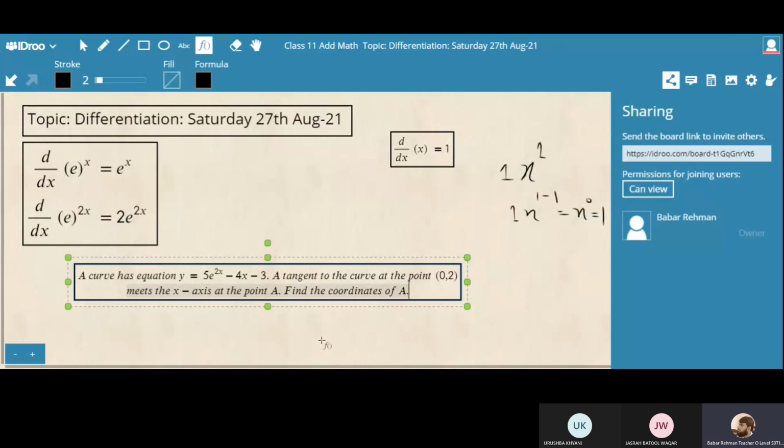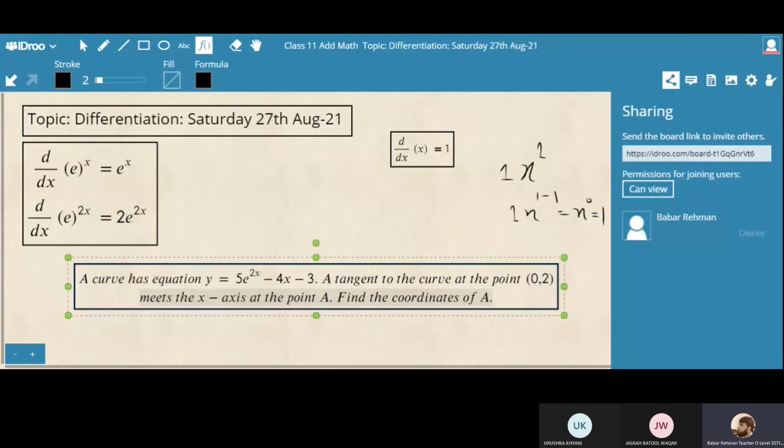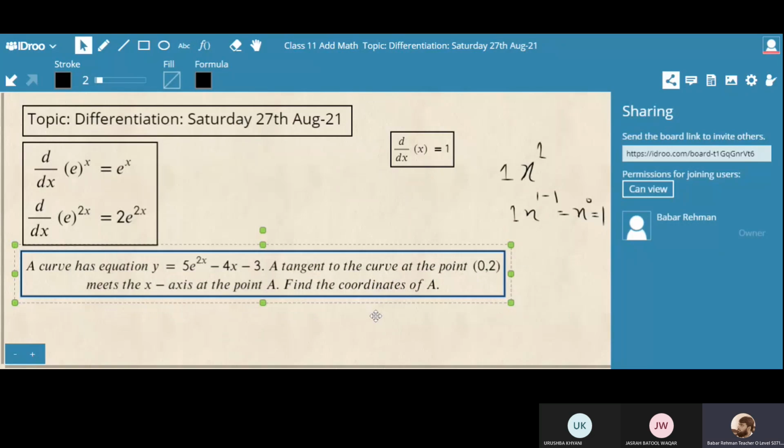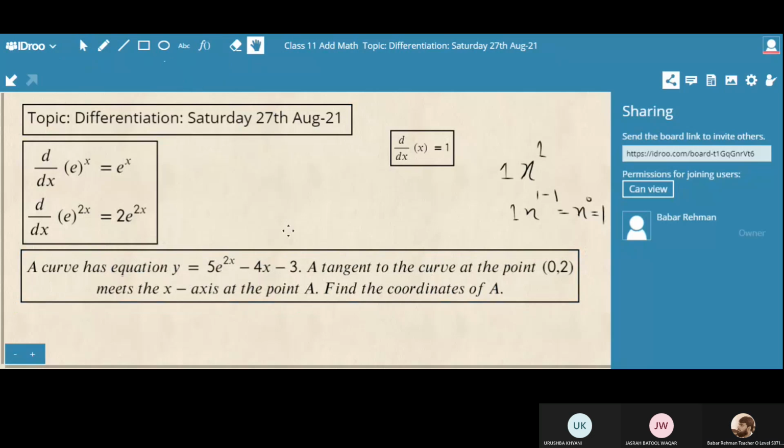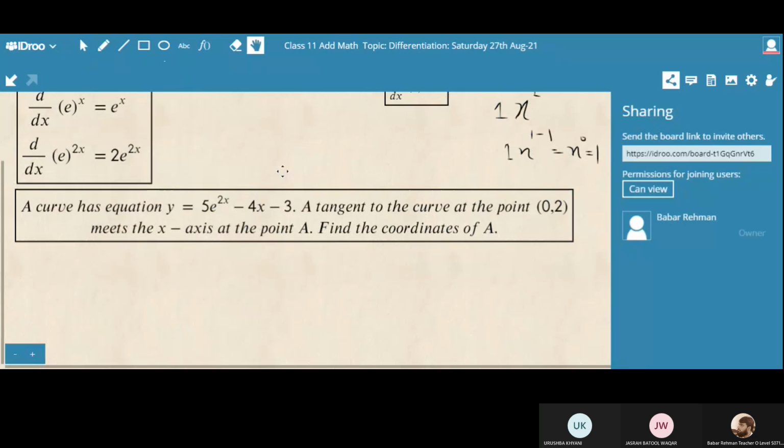Now I hope you remember the last class as well, and you must be knowing about the tangent to the curve at the point 0 comma 2. Do you remember? So please tell me how to do this question.